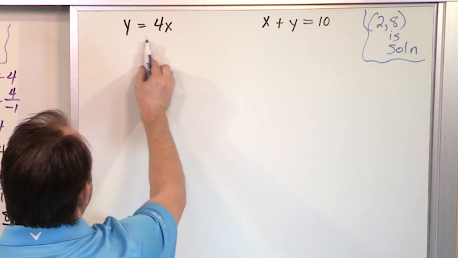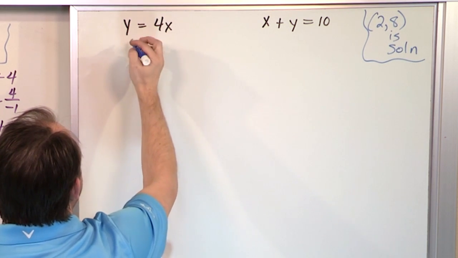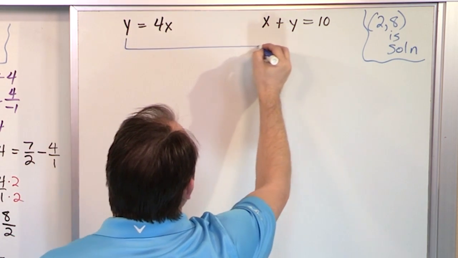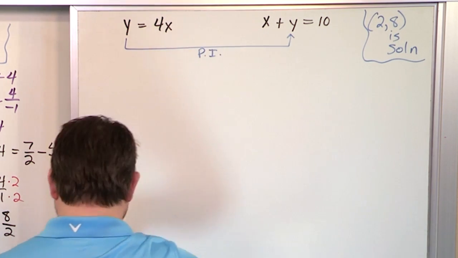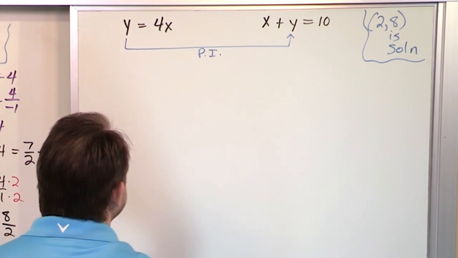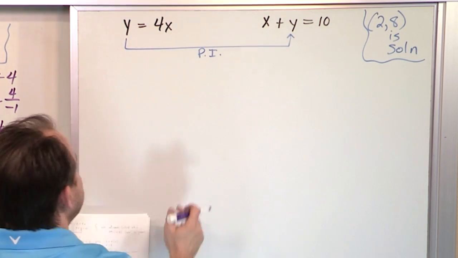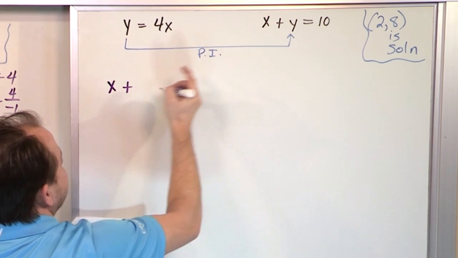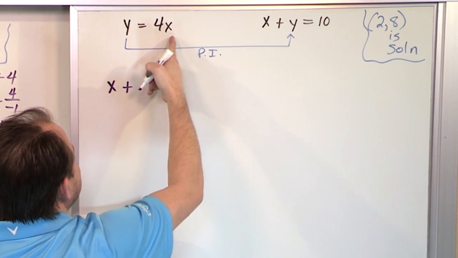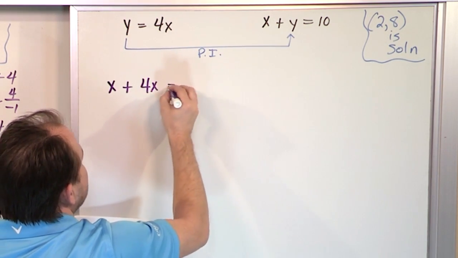So since this equation is already solved for y, I'm going to plug it in for this value of y. I'm going to plug it straight in. So what I'm going to have is x plus y, but now I'm saying y is actually equal to 4x, so x plus 4x is equal to 10.